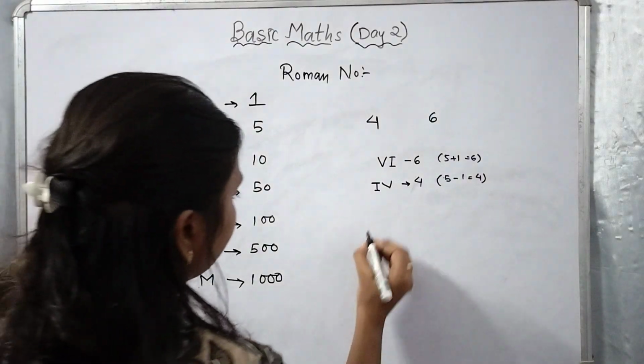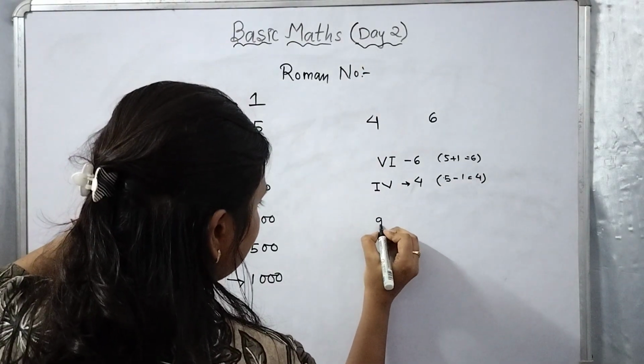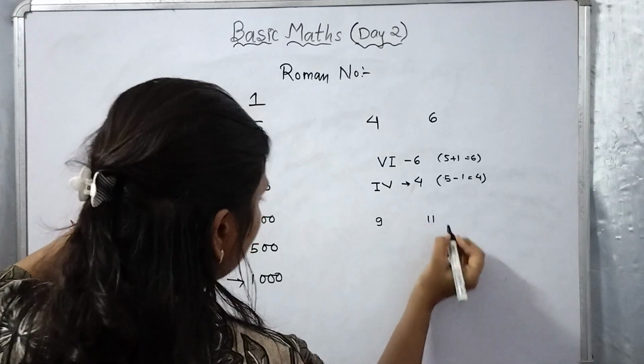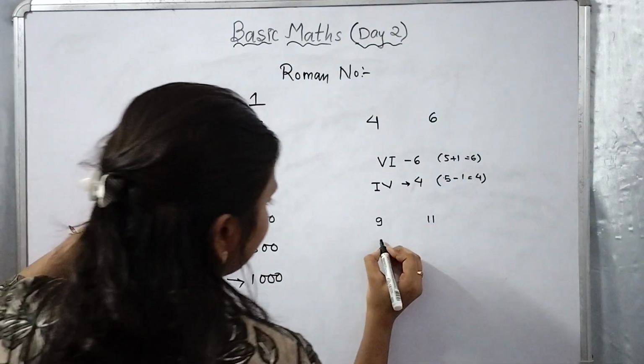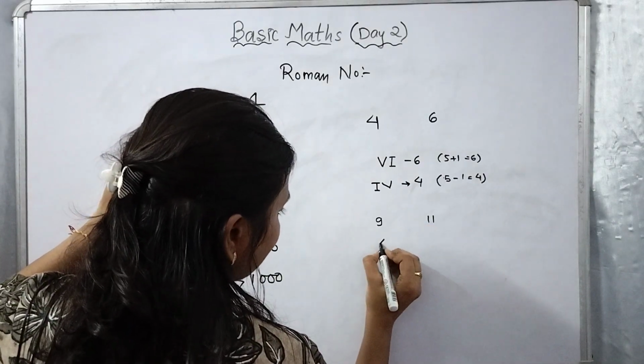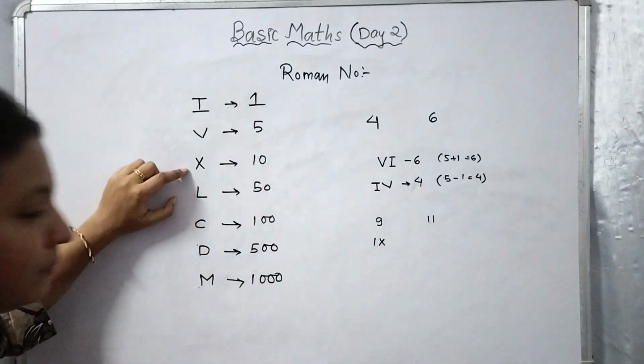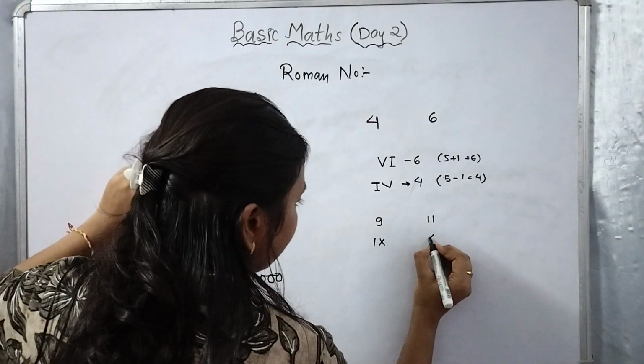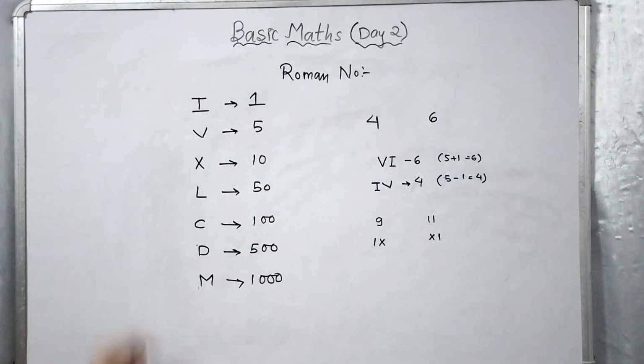Like for example, if you want to write 9 and 11, you will subtract by writing it backwards, and you will add 1 by writing it in front. Fine. So this is how we write a Roman number. This is one of the tricks.